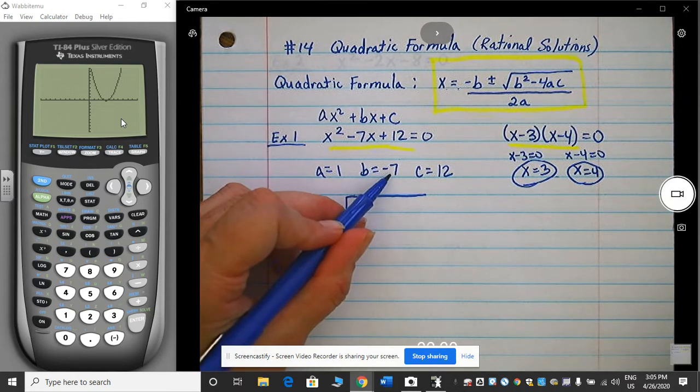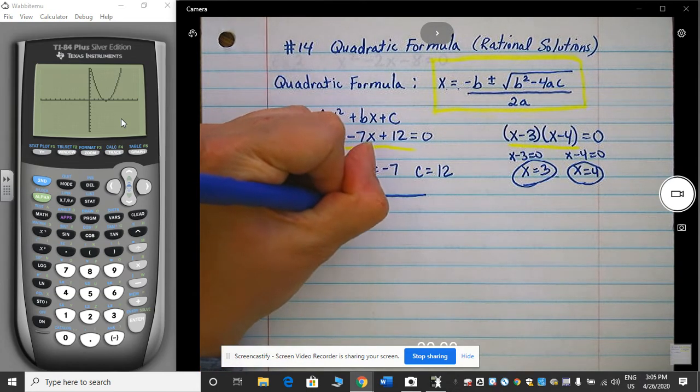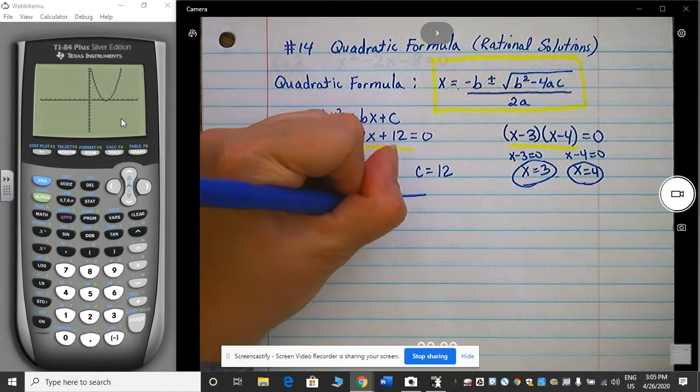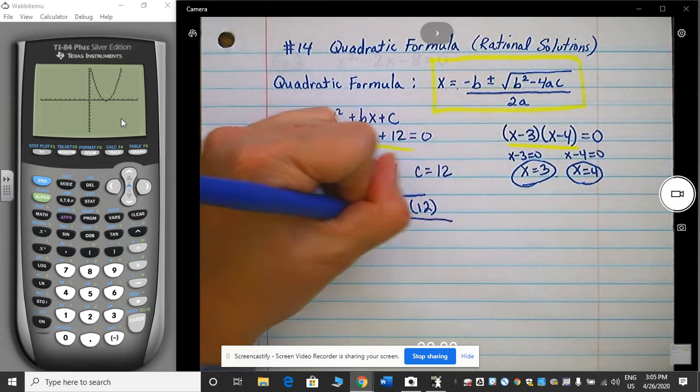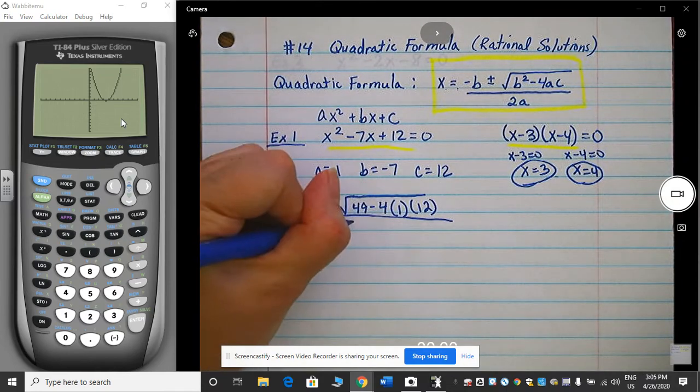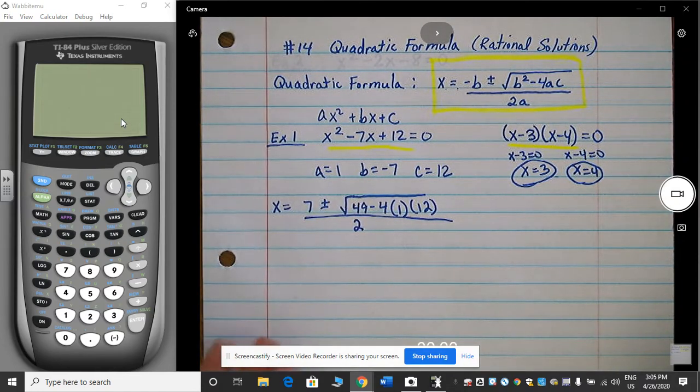And instead of writing b squared, I usually like to evaluate what b squared is. So -7 squared is 49, minus 4 times a times c, all over 2 times 1, which is 2.